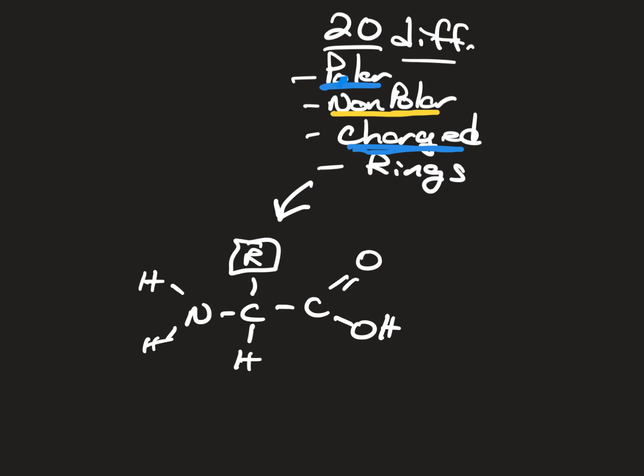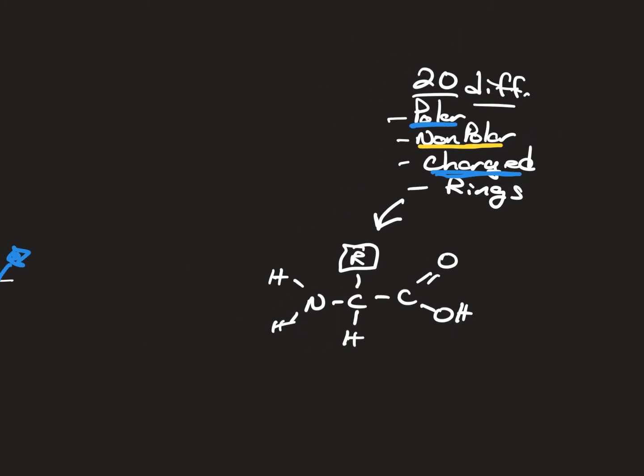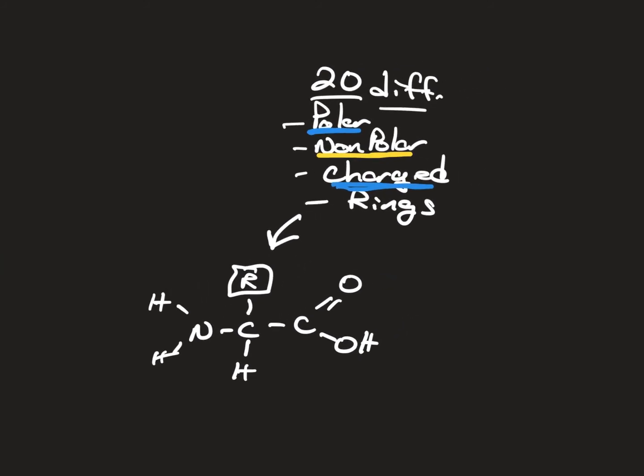They can be polar, non-polar, charged, or they can have rings. These straight chains can be small or big. They can be aromatic. So anyway, these R groups can be different. The key here, though, is that a lot of them are non-polar. But some of them are charged or polar.